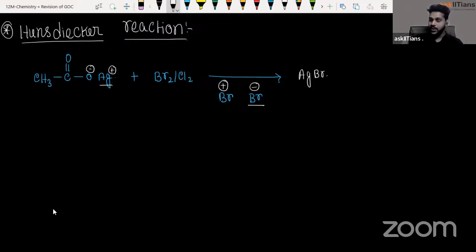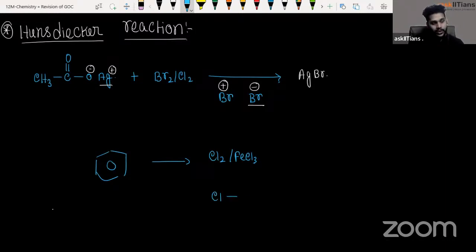This influence is not the first time that you are seeing. Anytime we have done a radical mechanism, we have learned that a particular reactant can influence the bond breaking. So here the same thing is happening. This silver is influencing this bond breaking. You have seen a similar scenario in the Cl2 FeCl3 situation, whenever you did chlorination in benzene. What does Cl2 FeCl3 actually do?